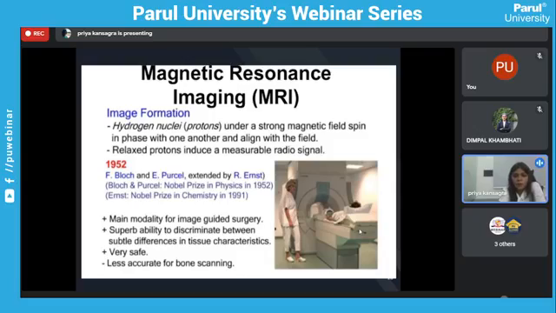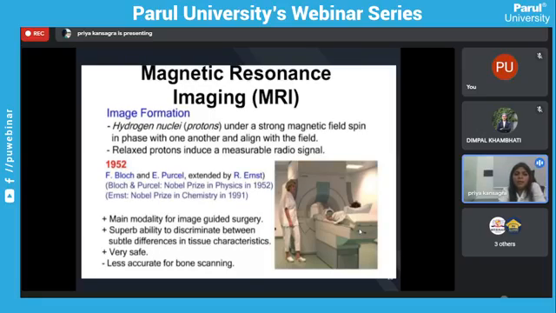Once it gets aligned, we have a whole process, and there are certain pluses and minuses in MRI. It is the main modality for image-guided surgery. While this process is done, the machine is used when someone is having surgery, guided by a doctor, for a problem in the head or other parts.